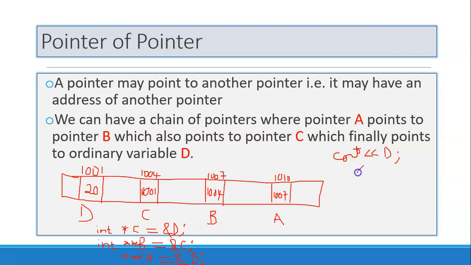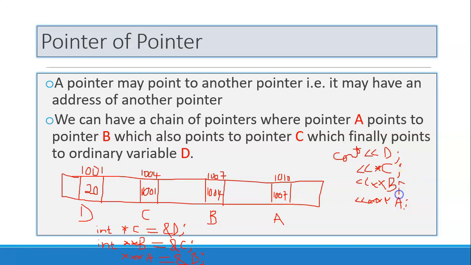Or we can use the pointer: cout with one dereference, *c, is going to give us 20. And we can of course use cout **b with two dereference operators, and it's going to give us 20. Finally, with three dereference operators, cout ***a is also going to give us 20.